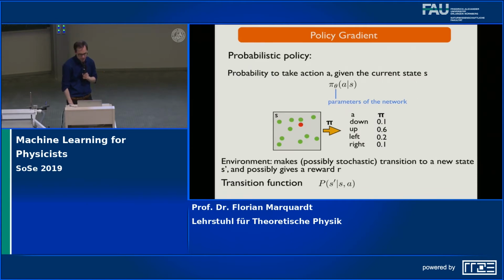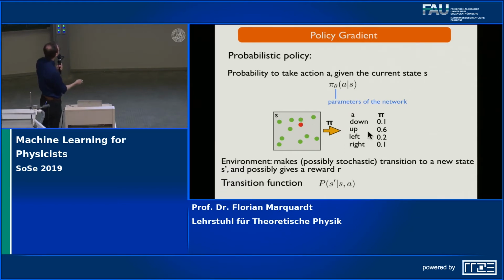Okay, so just to make it clear once more, here the player or the little robot is represented by this red dot and the green dots are the places where you can pick up treasures. Then these probabilities that define the policy could look like this. If I'm at this particular position, then probably in a good policy, the probability to move up should be highest, because that's where I can pick up the treasure.